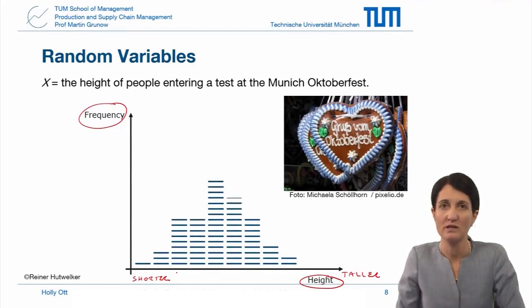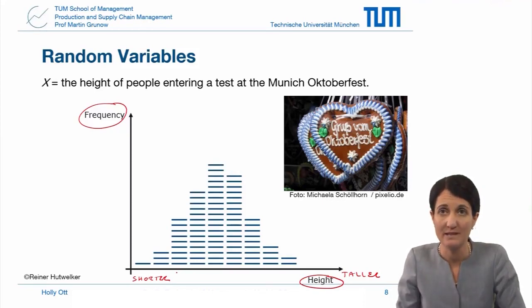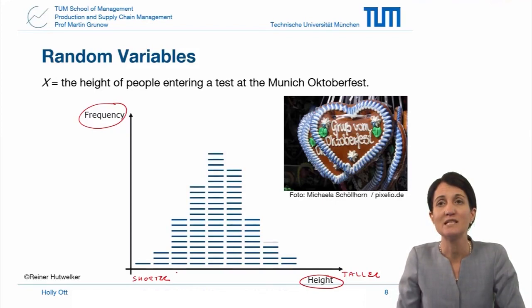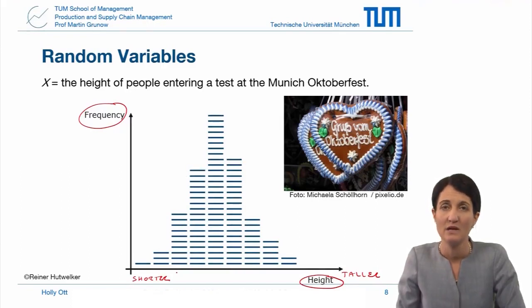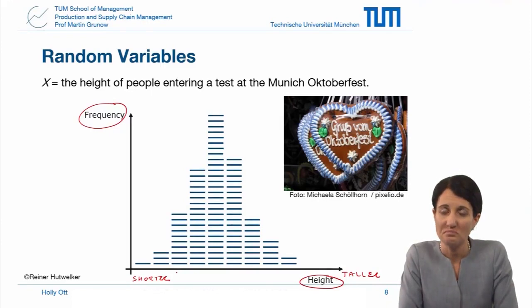Now, we come across random variables every day. In this case, maybe it's not so interesting to know the height of the people coming through the tent, but often decisions have to be made involving these variables, and therefore it is necessary to have a good knowledge of their behavior. For an example, you have a BMW car dealer. It's also here in Munich. BMW, Bayerische Motorwerke.